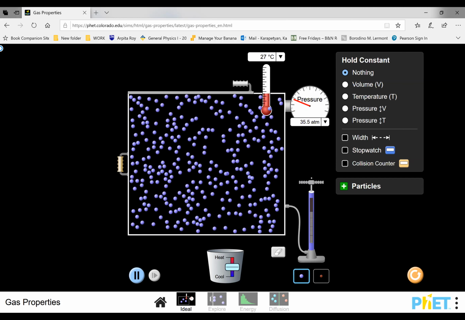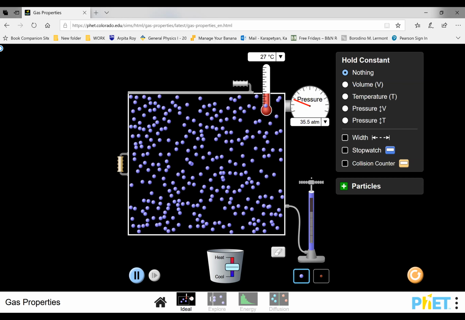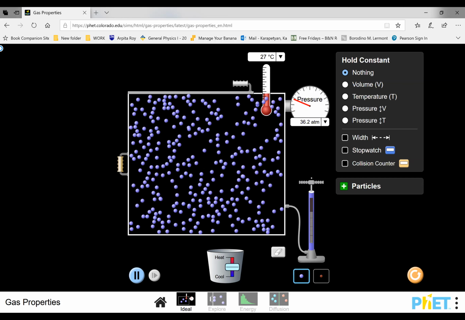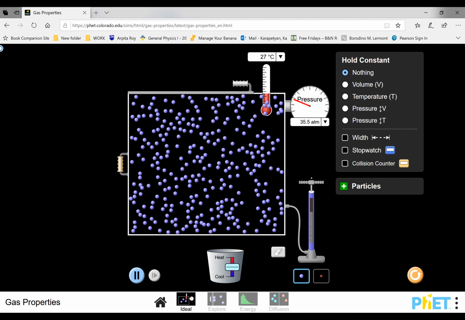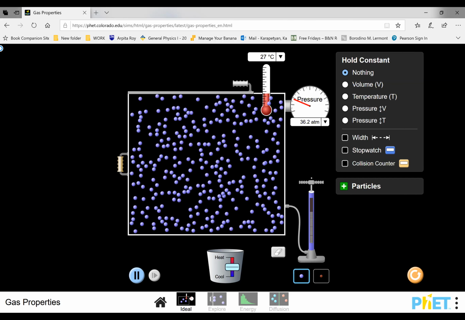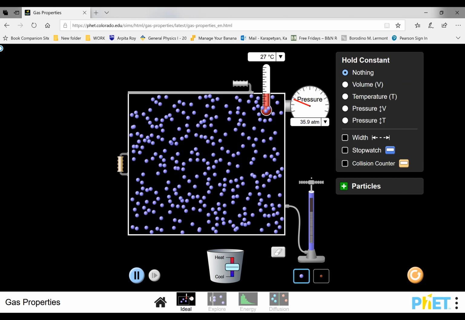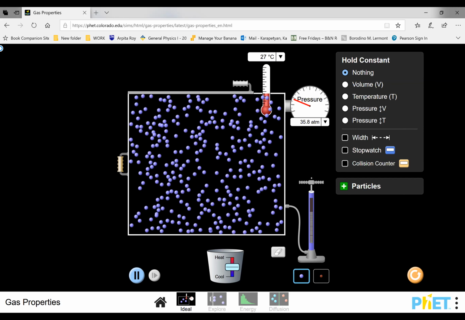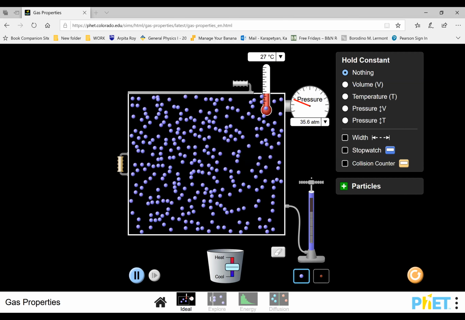That means if I count them and I have 6.022 times 10 to the 23, I can say I have 1 mole. If I have double that, I can say I have 2 moles. But here's an important relationship that I wanted you guys to see. When I increase the number of molecules, pressure increased.